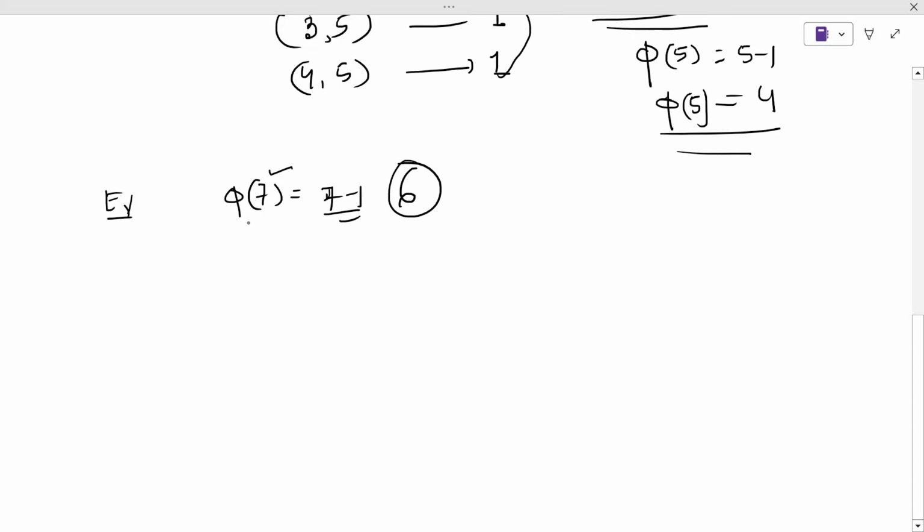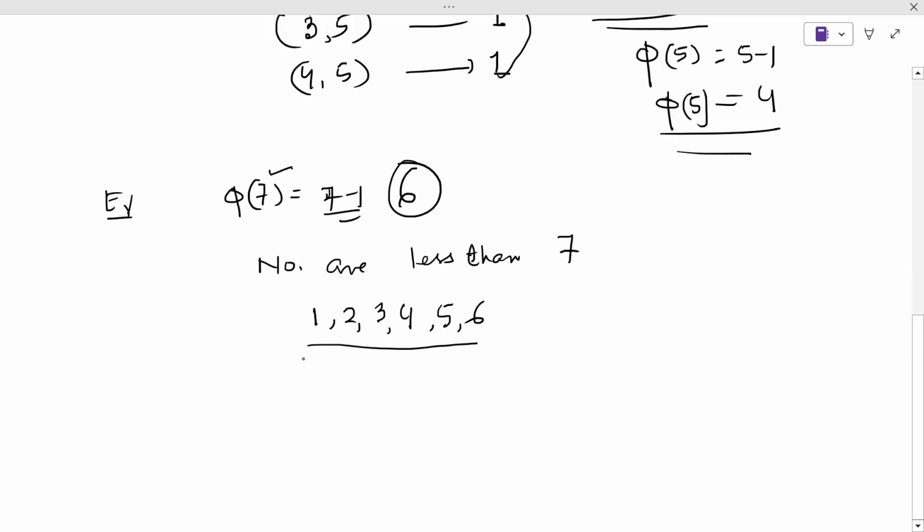We can check here: the numbers less than 7 are 1, 2, 3, 4, 5, 6.